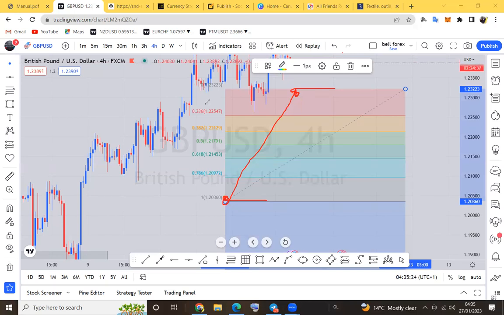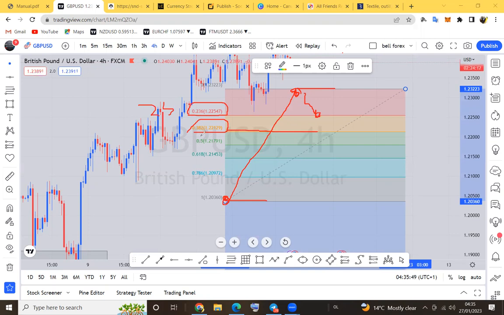Because if the retracement is occurring, it will start from the top to the bottom. So where it retraces a bit, it meets the level called 0.23, which is level 23. It goes down, it meets the next level, which is 0.38, level 38.